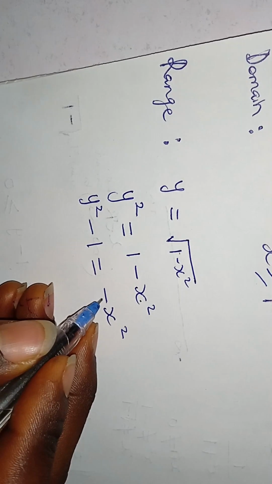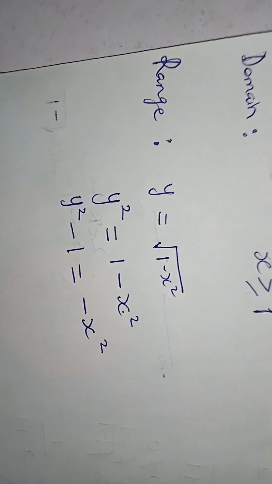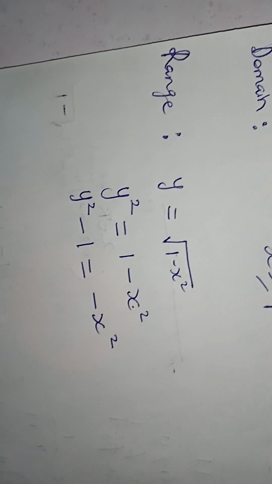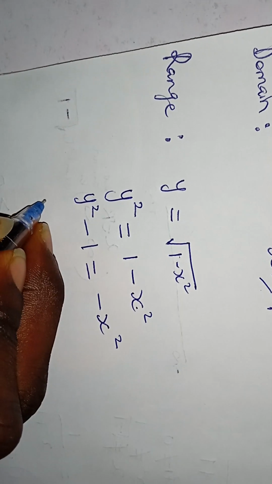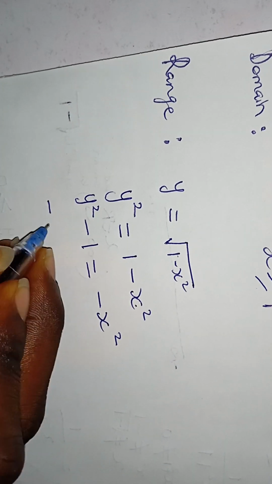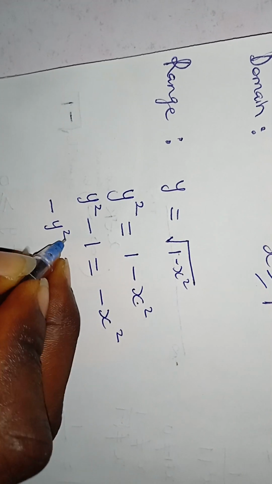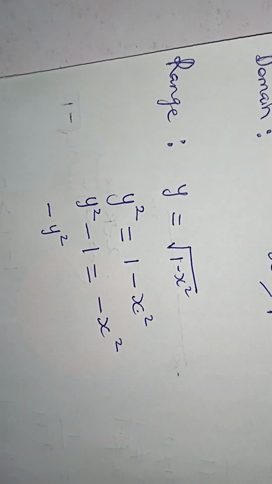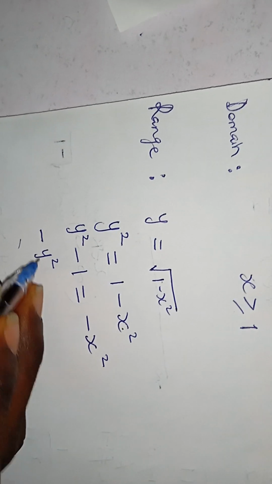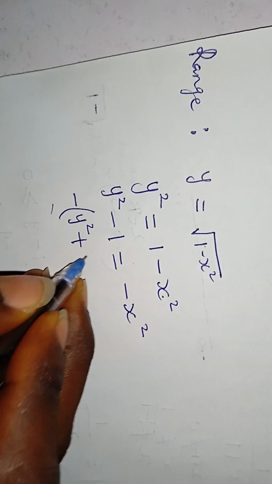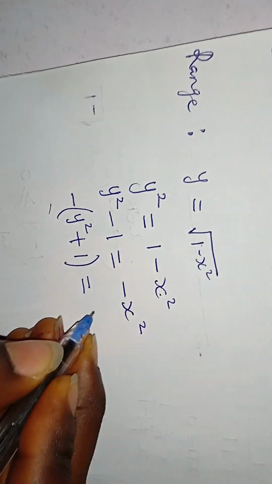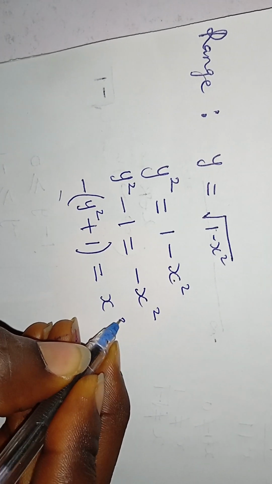Since this is a minus sign, let's divide both sides by minus 1, so this becomes minus y squared plus 1 equals x squared.